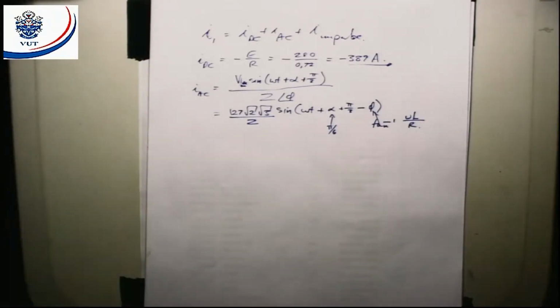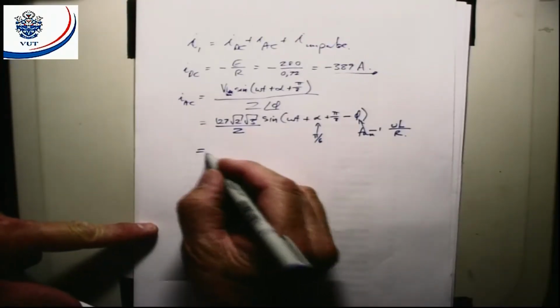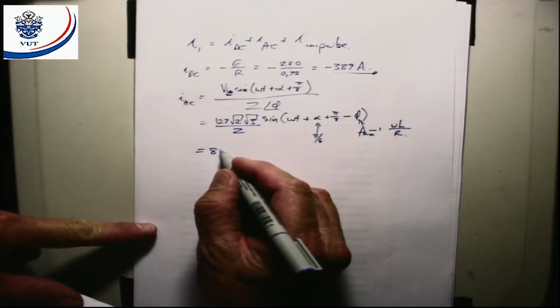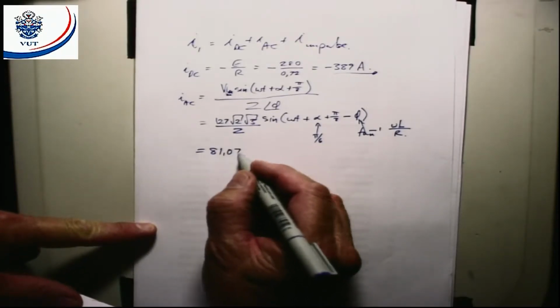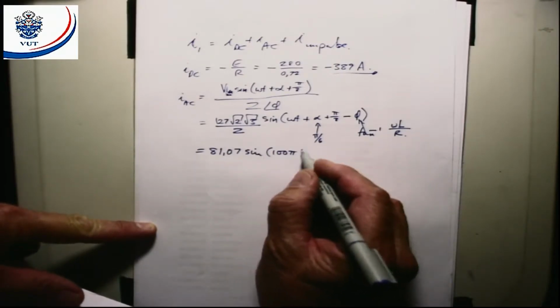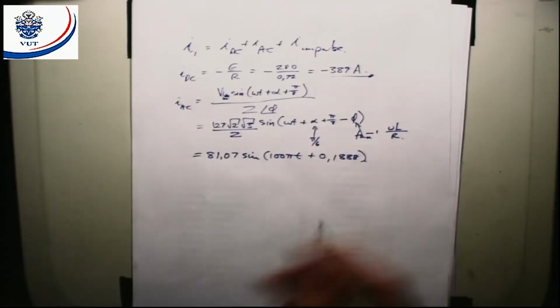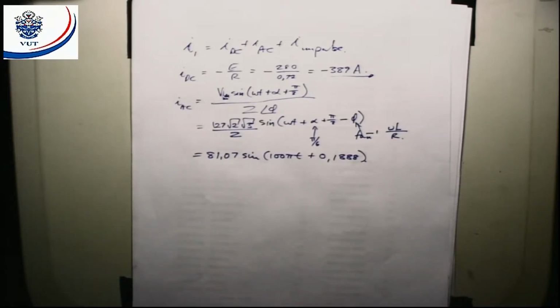Remember, your calculator must be on rad. And the answer here came down to 81.07 sin(100 pi t plus 0.1888). Now, if you leave out the 0.07, I won't mark you wrong. The only reason why I put it there is so that you can see how close you are to that value.